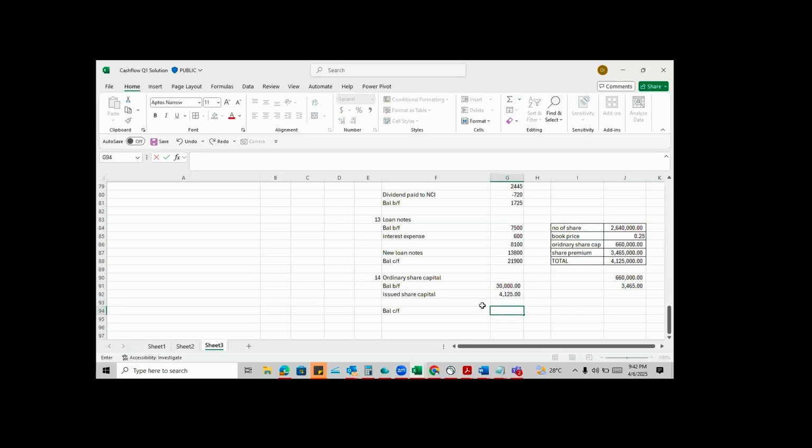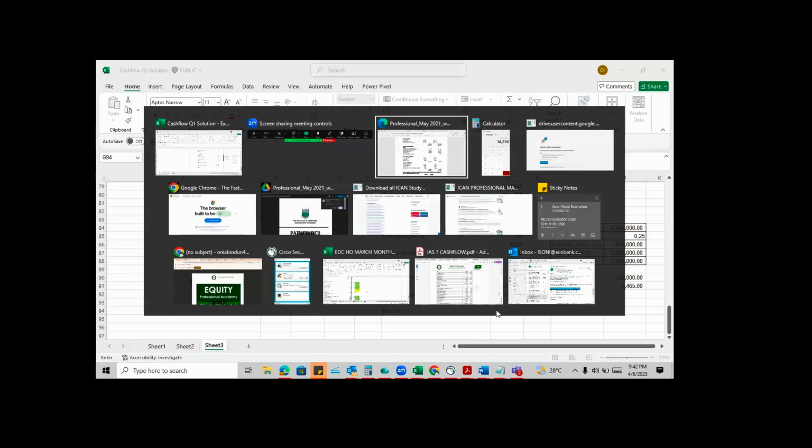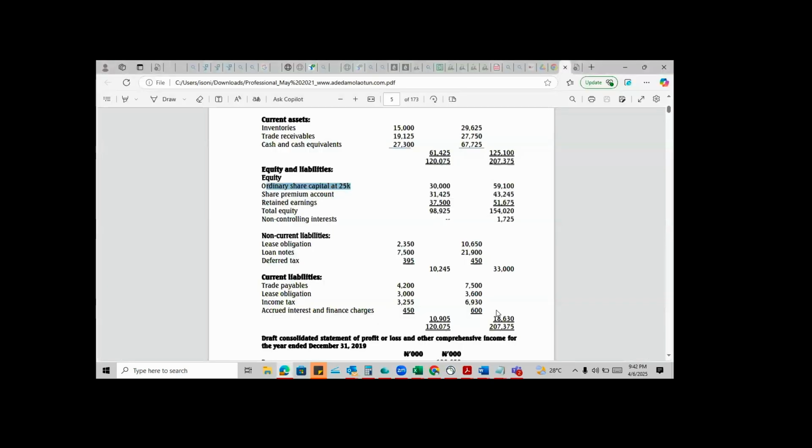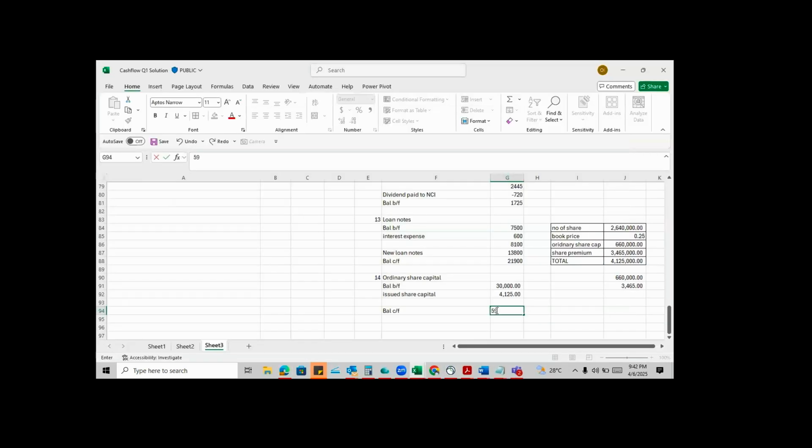So now my ordinary share capital that was brought forward was how much? It was 59,100. Okay, so cash received.